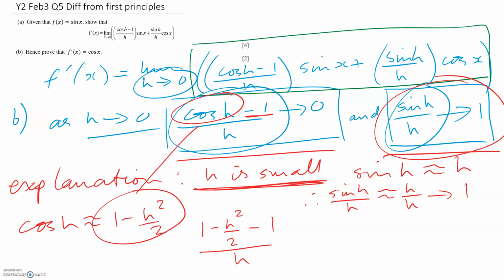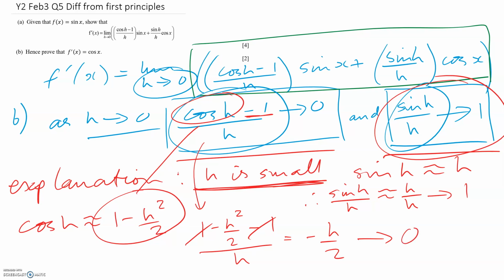So if we simplify this, the ones are going to cancel here. Minus h squared over 2 divided by h will be minus h over 2, and as h gets closer and closer to 0, this is clearly going to get closer and closer to 0 as well.